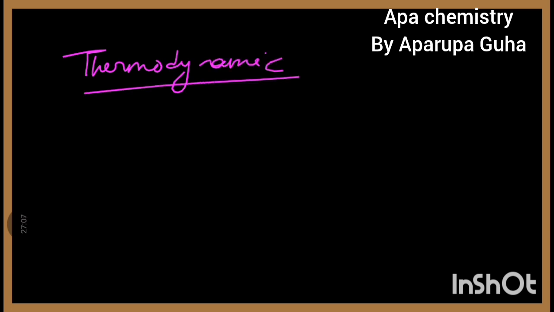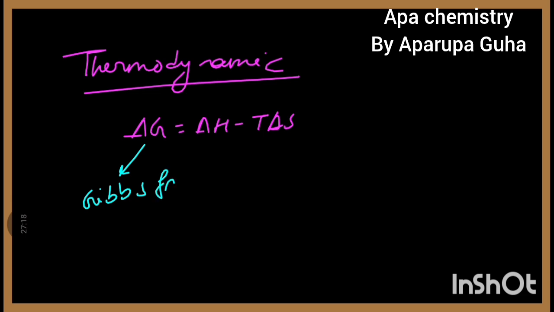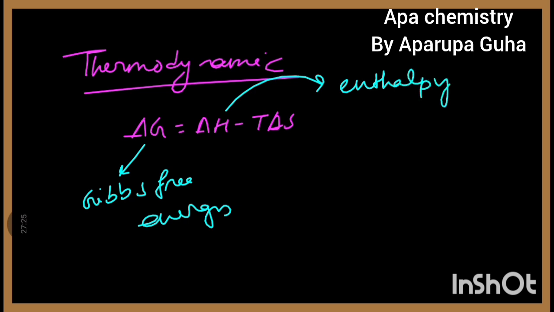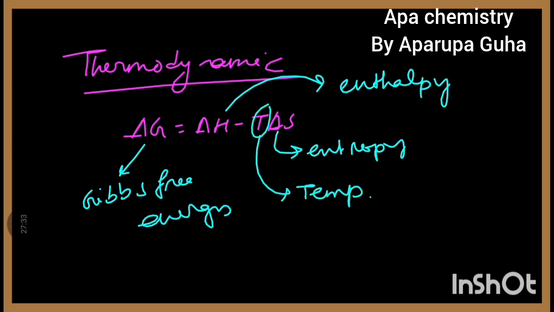That is, del G equals del H minus T del S. Del G means Gibbs free energy, del H means enthalpy, del S means entropy, and T means temperature. Always remember, del H is negative.